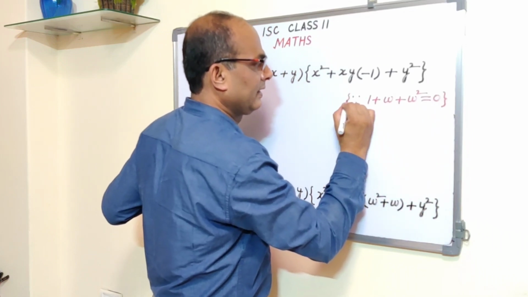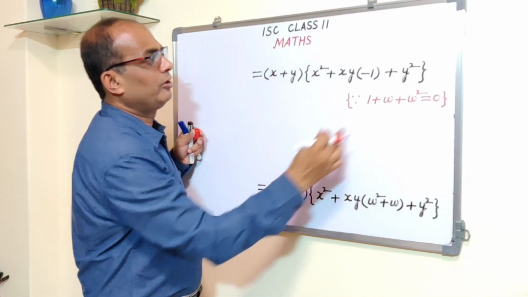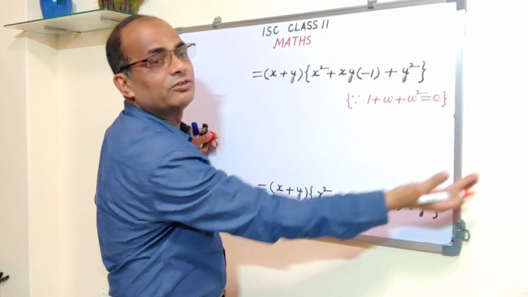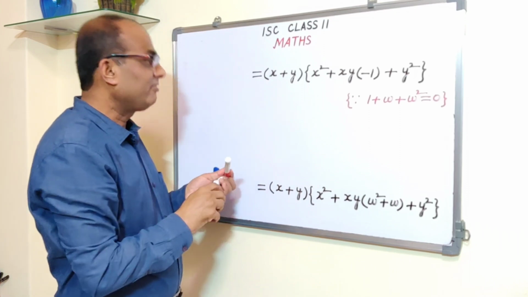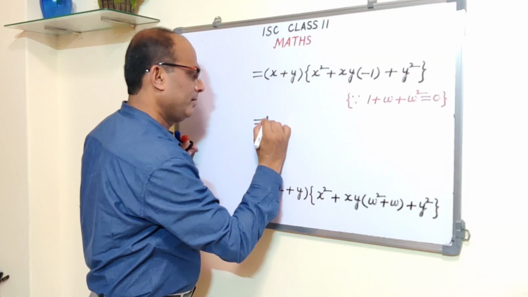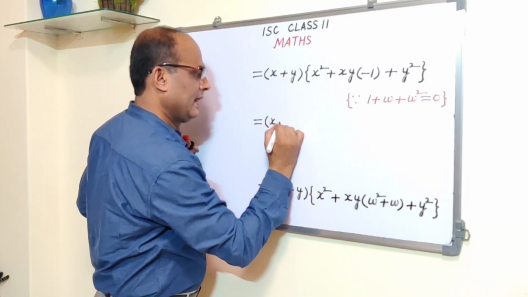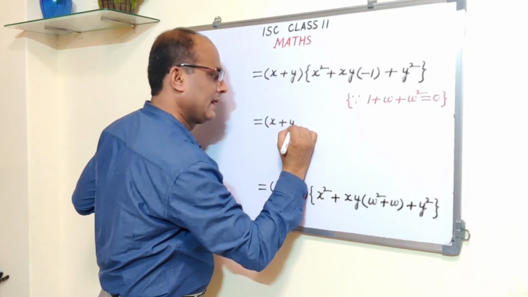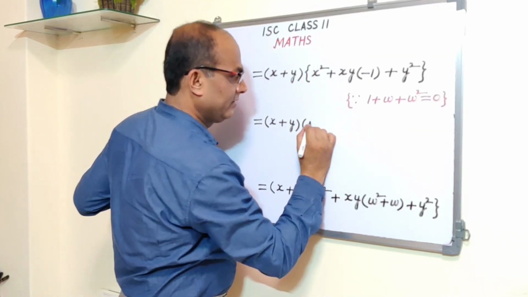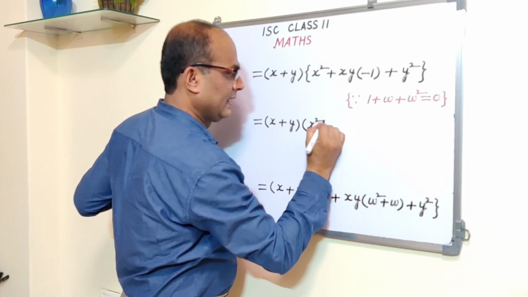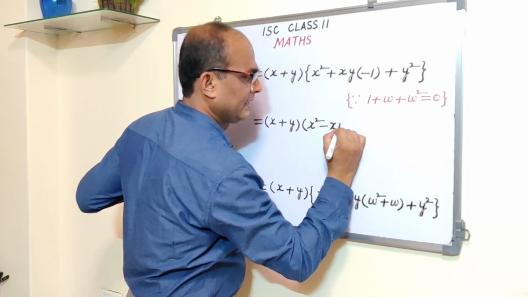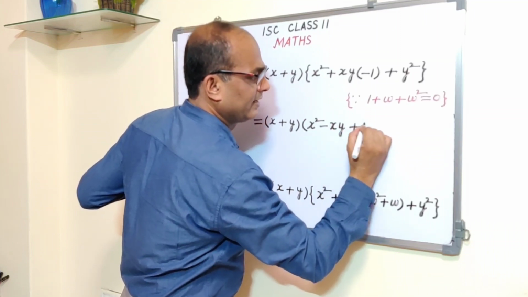Alright, fine. So from here you can write down omega square plus omega is equal to minus 1, that we have written. And then after this we write, this is equal to x plus y, here we write down x square minus xy and plus y square.